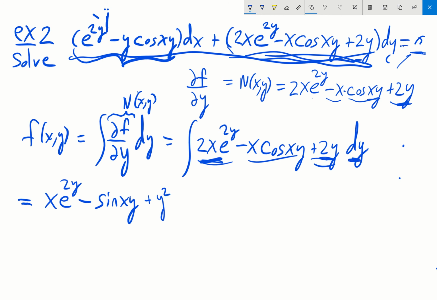But now because we're doing the integration with respect to y, we would have some function of x. I've already used g before. Let me just maybe call it, I don't know, h of x would be our function of integration. So this is what we get for f.